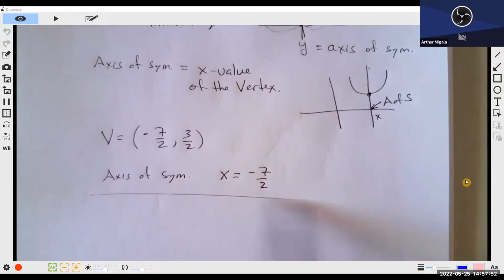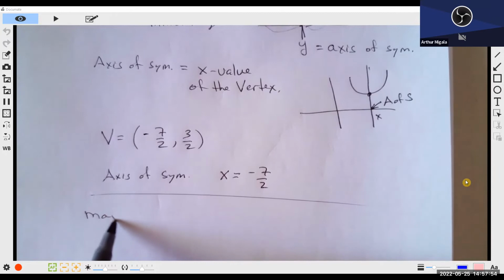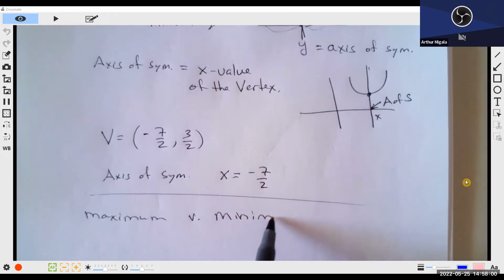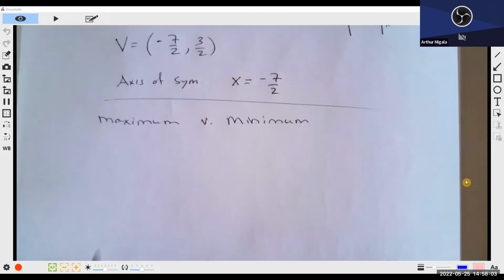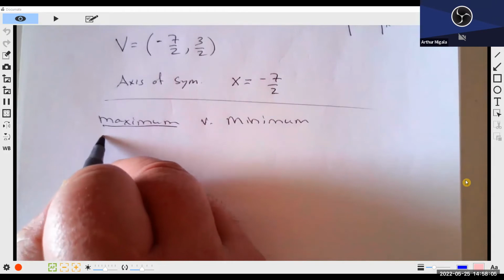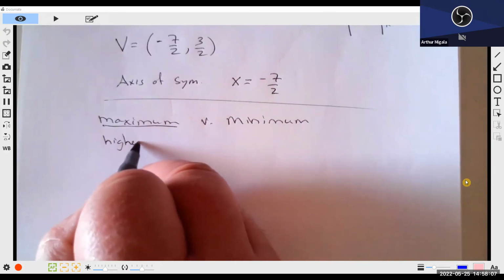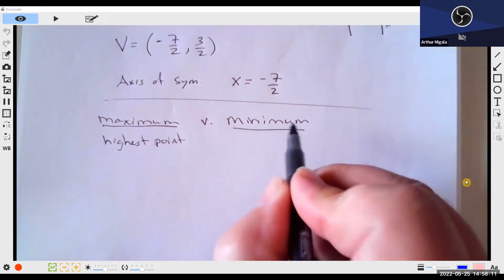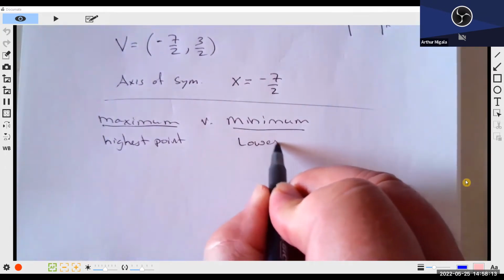Okay, now maximum versus minimum. Maximum deals with the highest point. Minimum is the lowest point.